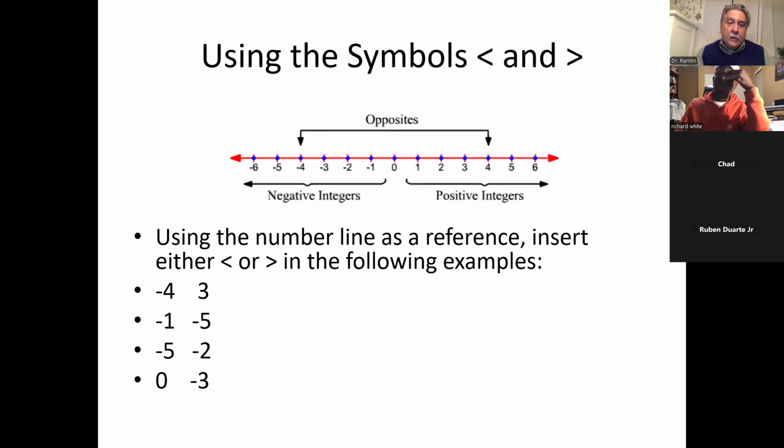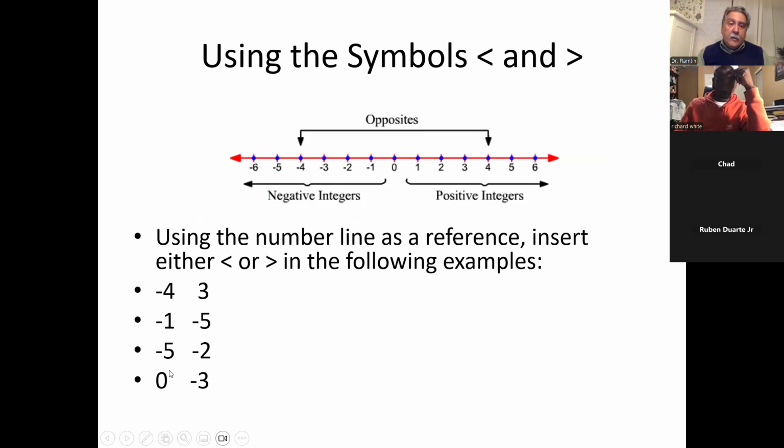For example, we use this sign for less than and this sign for greater than. If I have -4 and 3, which one is bigger? The 3. 3 is here. If I have -1 and -5, which one is bigger? -1, because -1 is here and -5 is here.